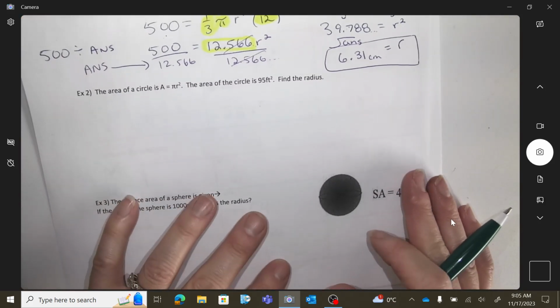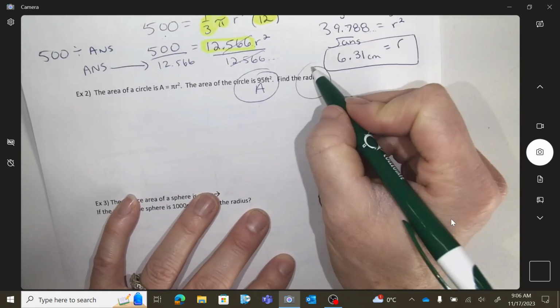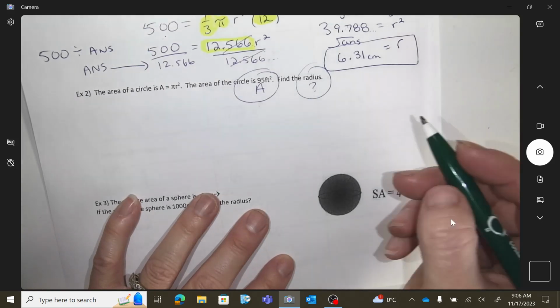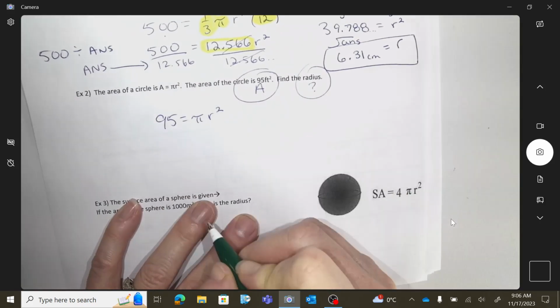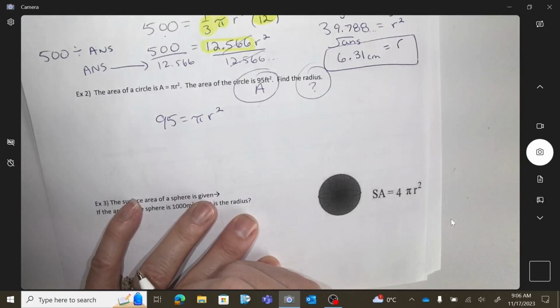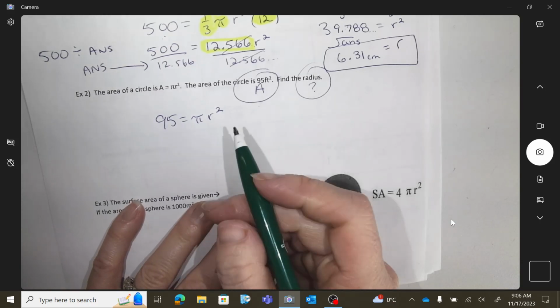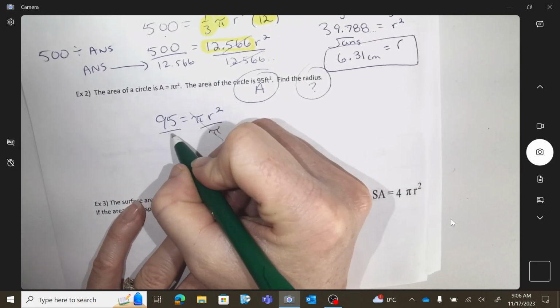Okay, so in this one, the area of a circle, so that's A. Find the r. So 95 equals pi r squared. So algebraically, I should divide by pi.